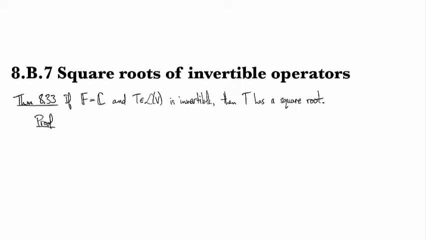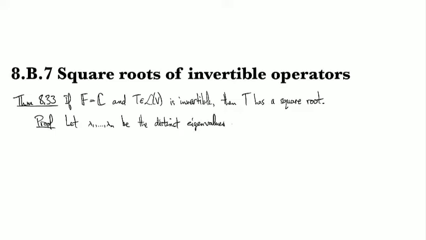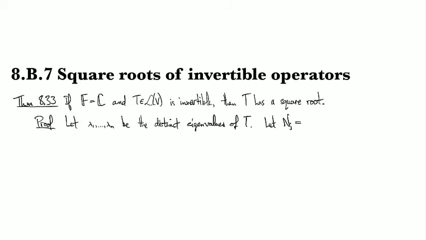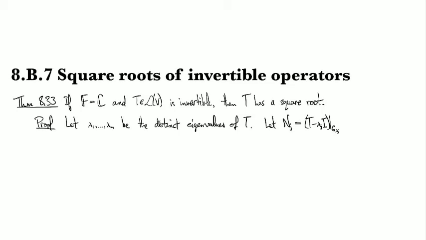So let's see, for the proof, suppose we take the distinct eigenvalues of our operator T here, and then we'll take N_j to be T minus lambda_j I restricted to the jth generalized eigenspace.